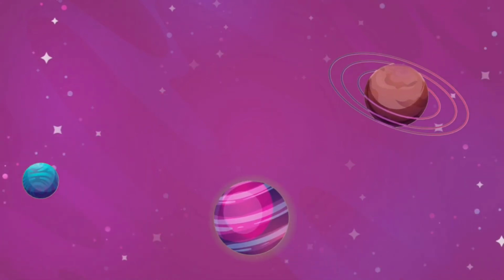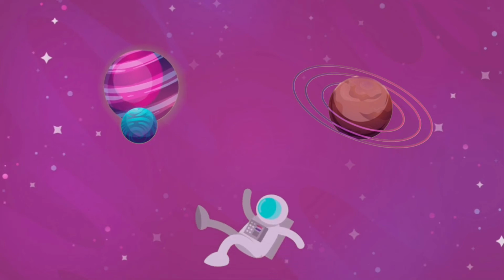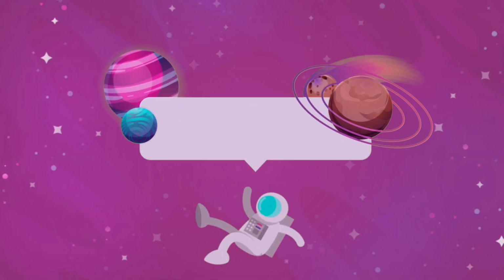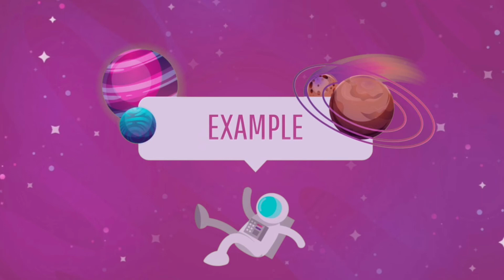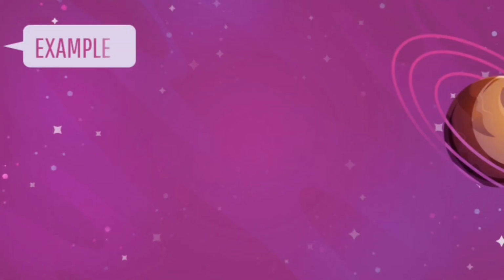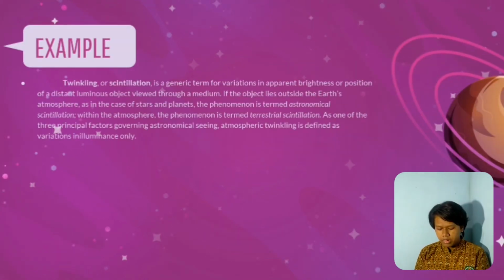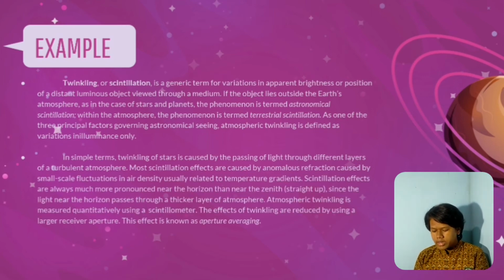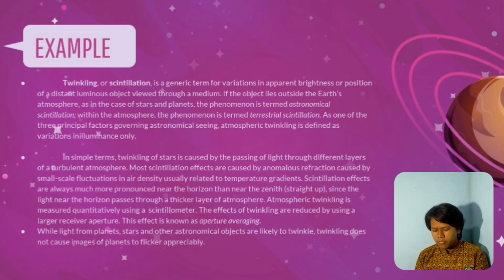We have just arrived at the last checkpoint, the example of an explanation text. Example: twinkle or scintillation is a generic term for variation in appearance, brightness, or position of a distant luminous object viewed through a medium if the object lies outside the Earth's atmosphere.